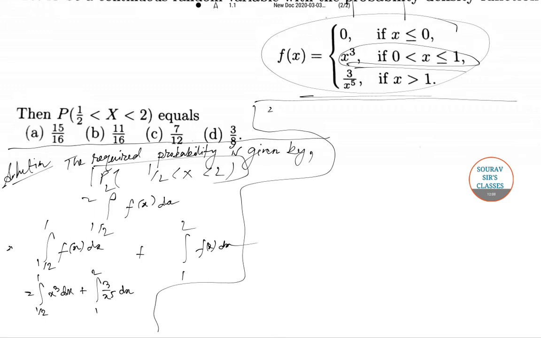This is our probability. Half to 1 x cube dx plus 1 to 2.